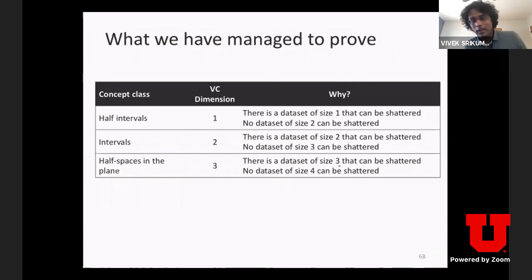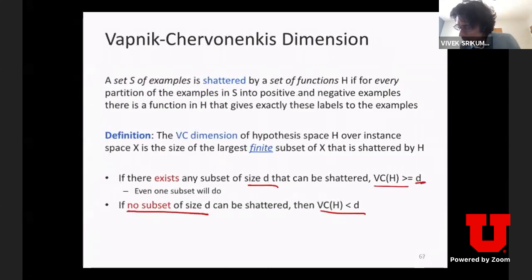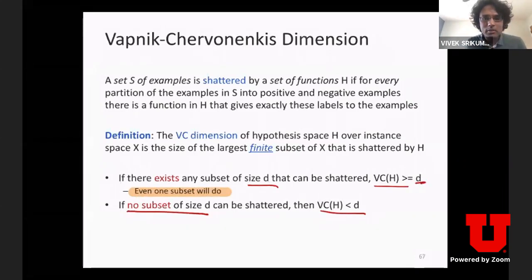This is the place where, with VC dimensions, things get more complicated and confusing. There's a question: didn't we show that with 3 points you couldn't shatter it if it was collinear? That is true, but the definition of the VC dimension says all you need is one set of d points that can be shattered to say that the VC dimension is d. All you need is one.